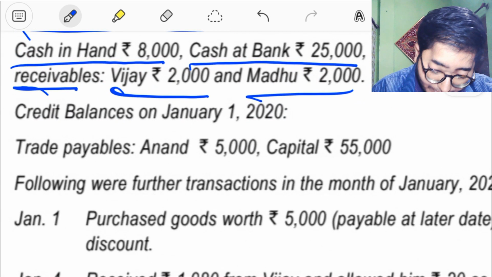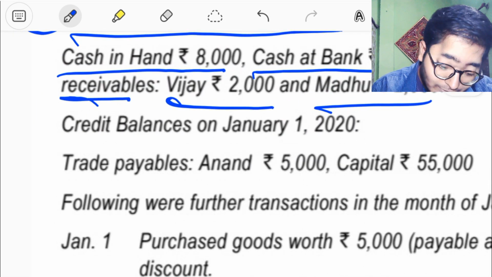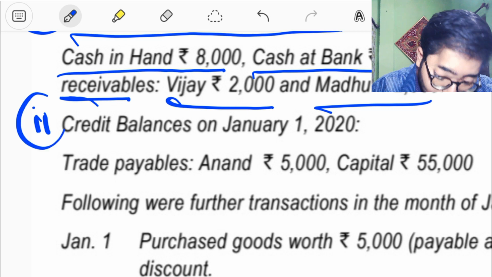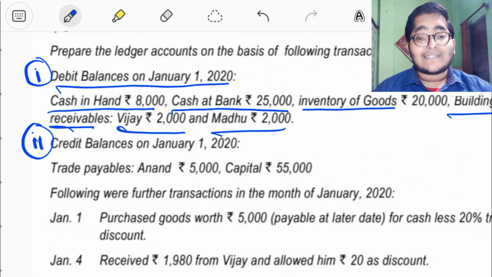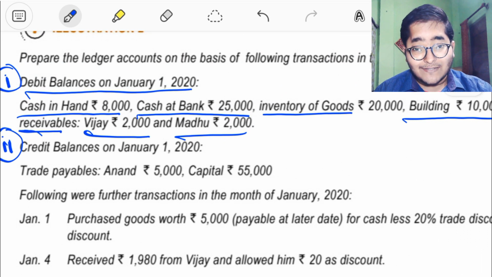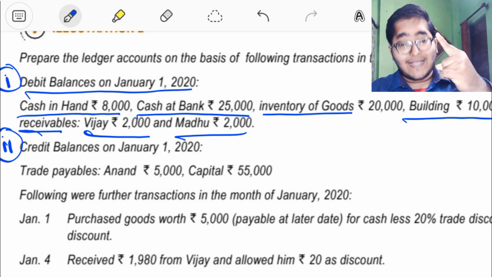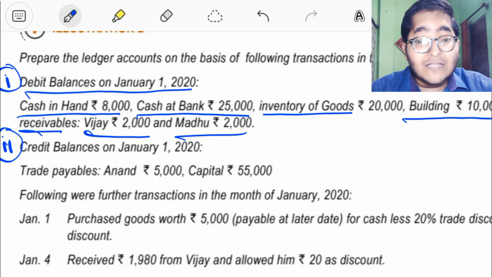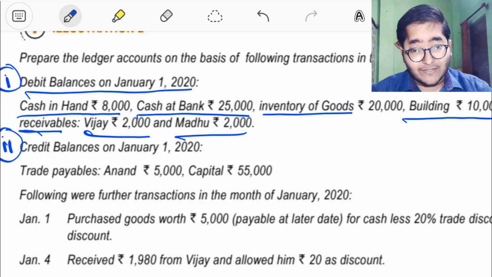Next is the credit balances as on the opening date. We all know some ledger accounts carry debit balances, mainly the assets, expenses, and losses, while incomes are transferred to the profit and loss account.